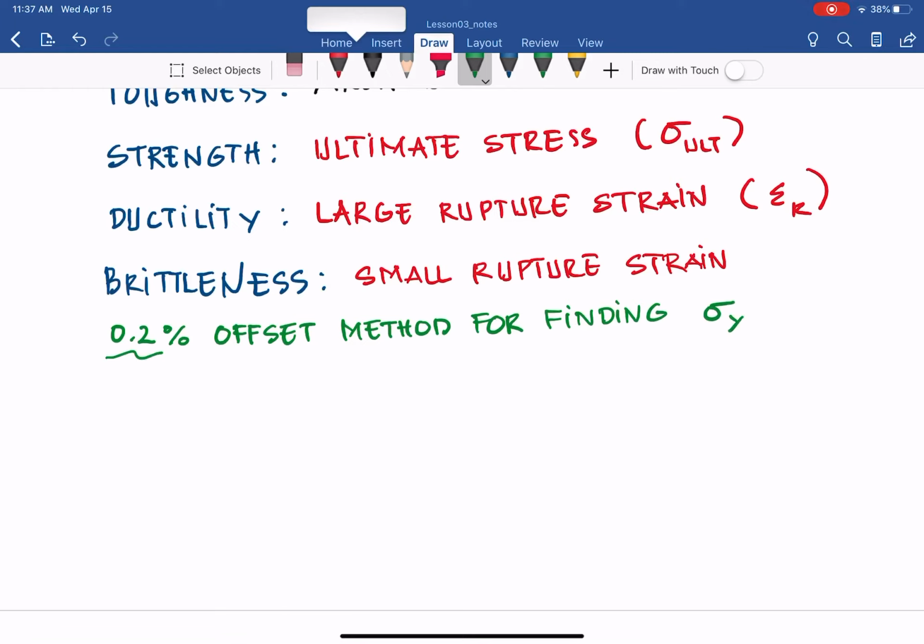That is the method because that is the failure level we normally design for. Just go back to the design and analysis we did in the previous lesson.